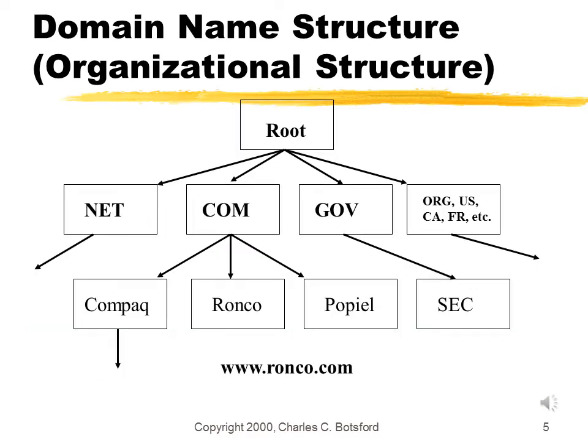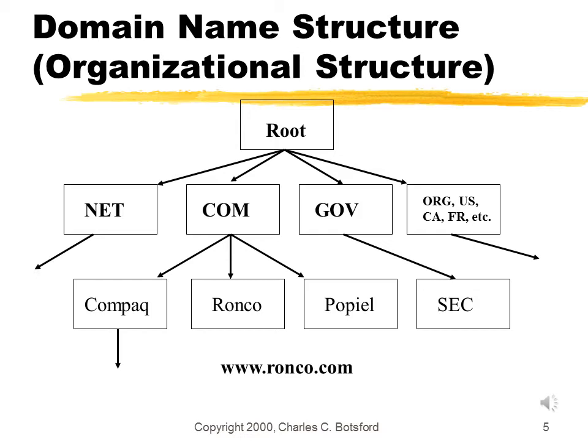Domain name structure. As we talked about in the previous slide, DNS provides a naming method that assures that each server on the internet has a unique name. Here's a picture of the organizational structure that's used to assure this. As mentioned before, this naming structure is hierarchical. It starts with a root, and below the root are the top level domains.